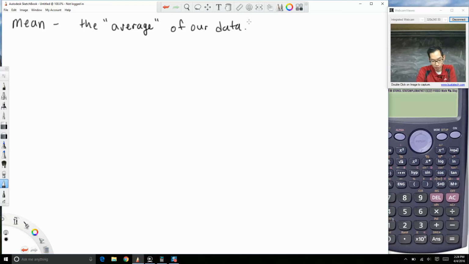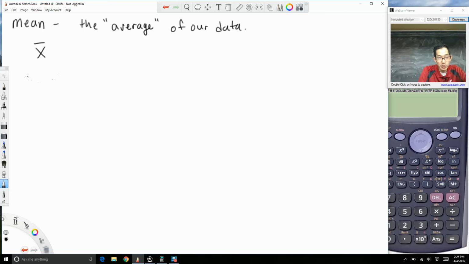The term average is a bit ambiguous. They probably also taught you in middle school that there's the mean and also the median, and they both count as average. But generally, when people say the average, they refer to the mean.